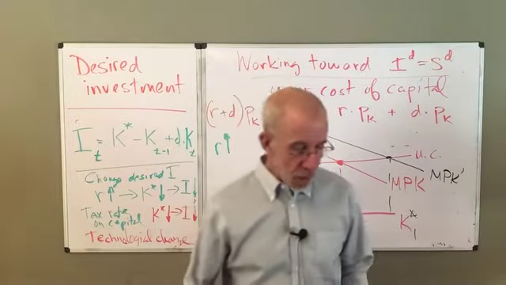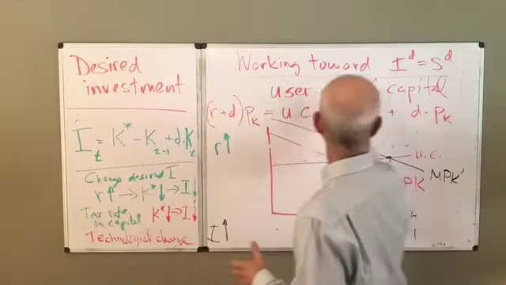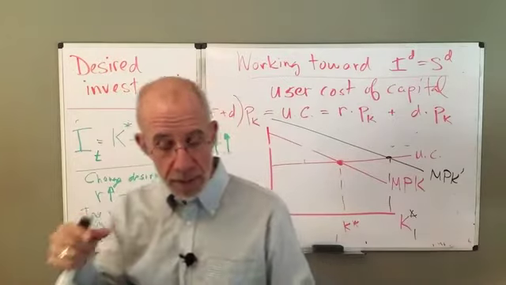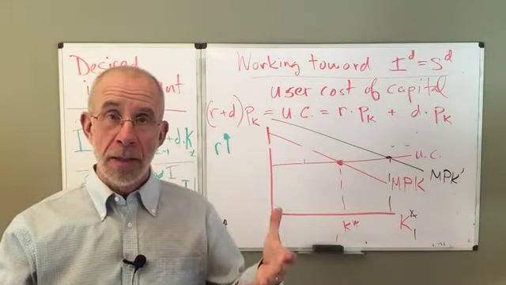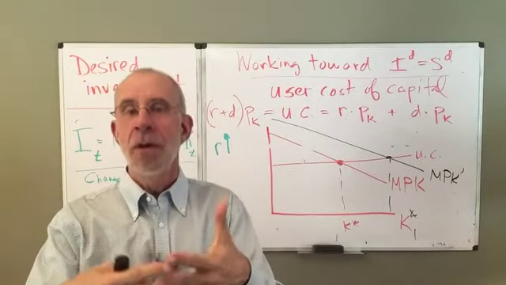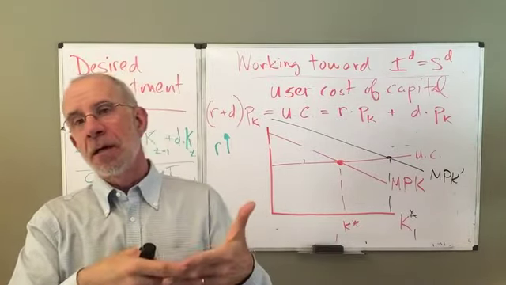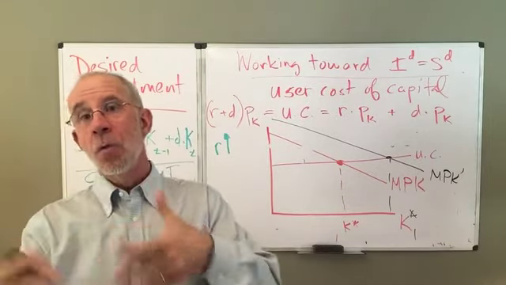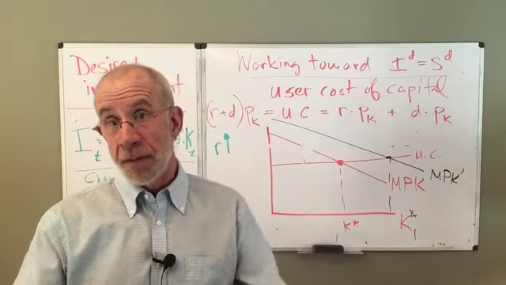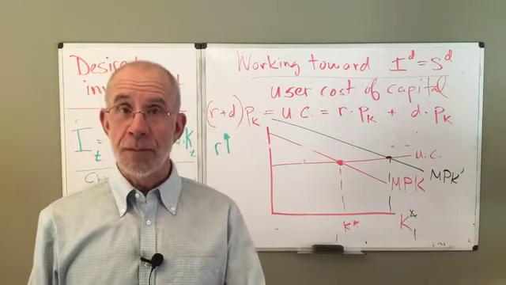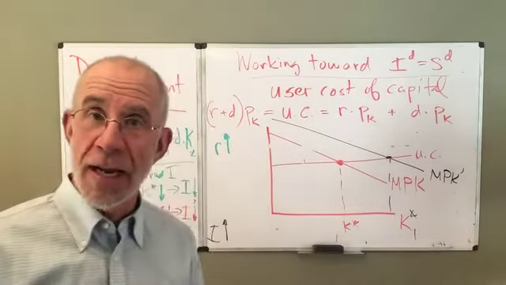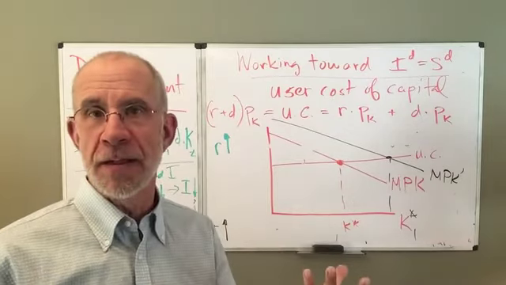Okay, so we've put together the investment side of things. We've got the supply or the saving side of things. In the next video, we're going to combine these two things to see how various aspects that can change will affect the amount of investment that takes place in an economy. Basically how the economy reacts to changes in these underlying savings and investment relationships.